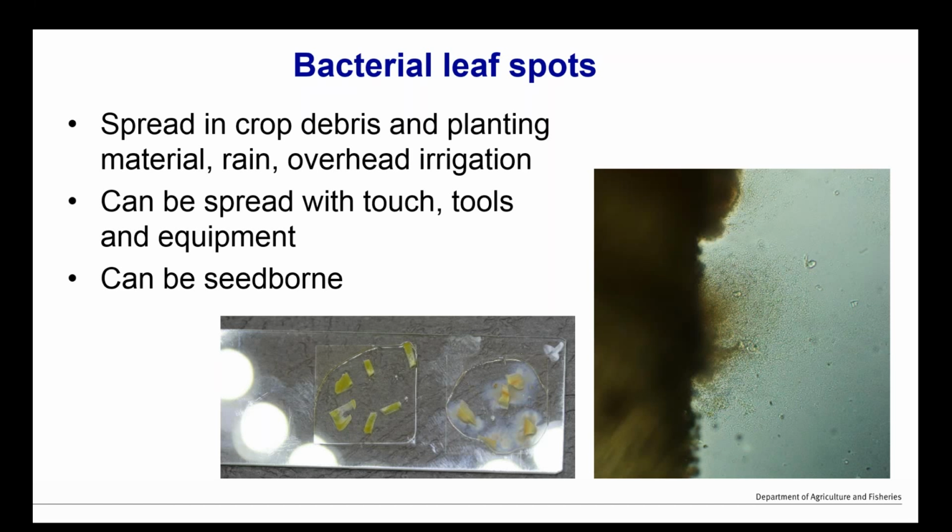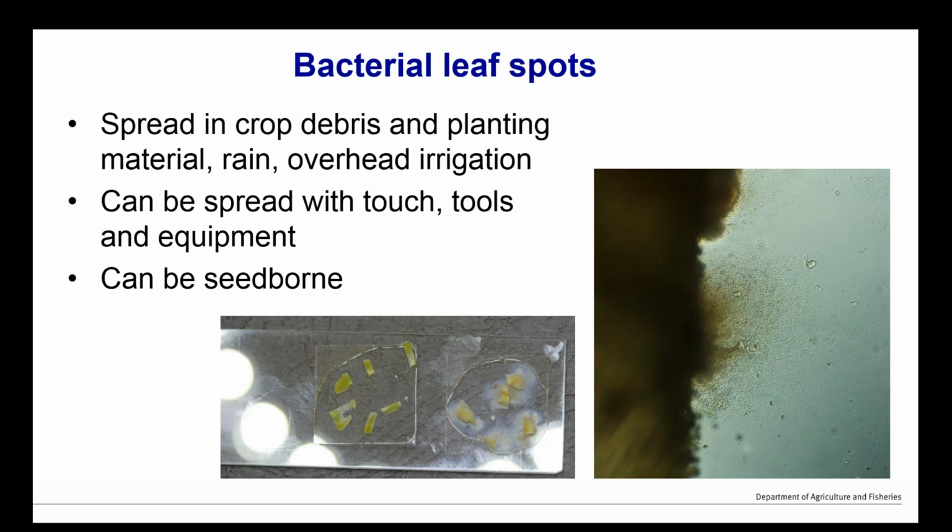So in terms of how they spread, crop debris, planting material, rain and overhead irrigation all will spread bacteria around your nursery. It can be spread with touch. It is like bacteria in people. If you sneeze on your hand, shake someone's hand, and then they rub their face, they're in trouble.